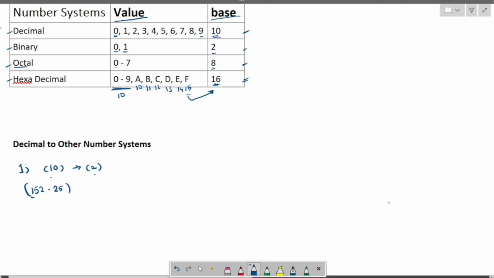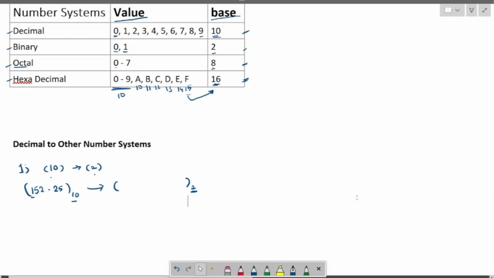So we have 3 types, right? So to avoid confusion people will write the base value as the suffix like this. To the binary we need to convert, so you need to mention the binary base value as a suffix. Okay, I hope you got the idea how these things will work.